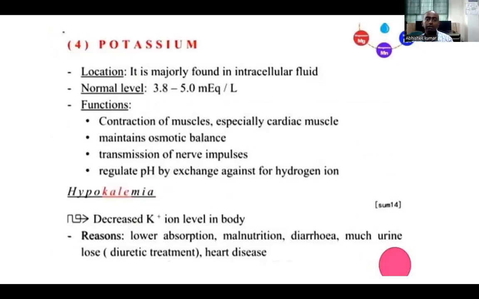Potassium is majorly found intracellularly. It helps in contraction of muscle, especially in the cardiac muscular system, to maintain the osmotic balance of the body, to help transmission of nerve impulses, and to regulate the pH by exchanging against hydrogen ions.